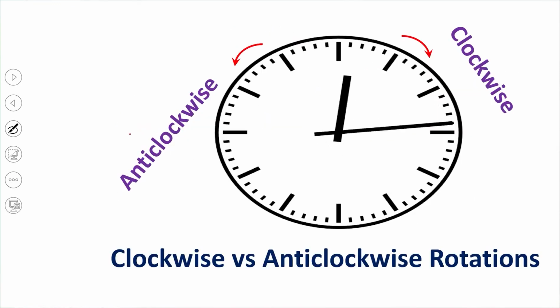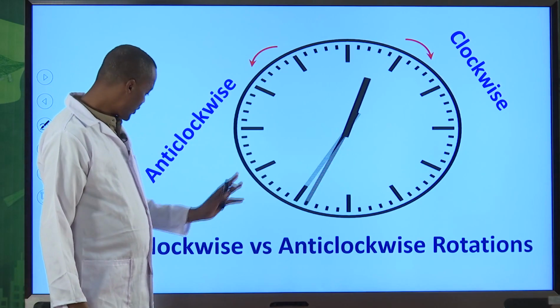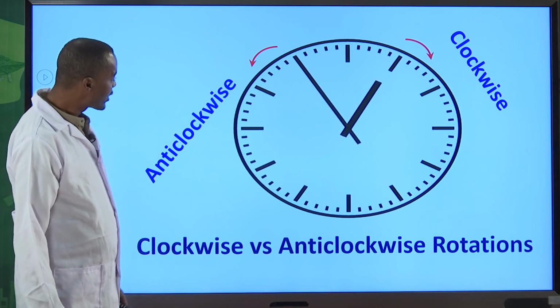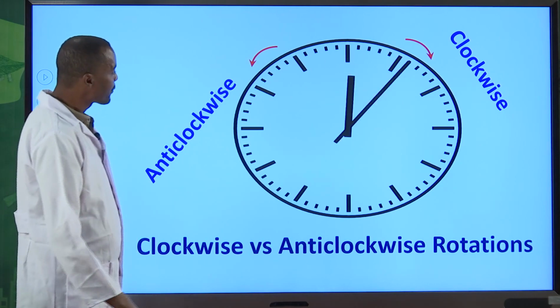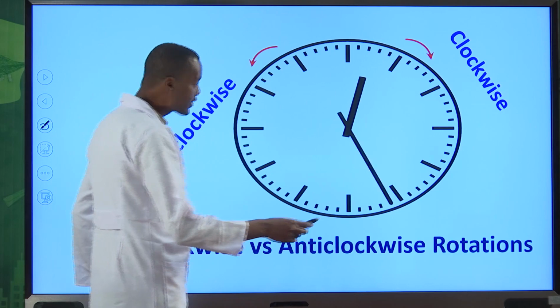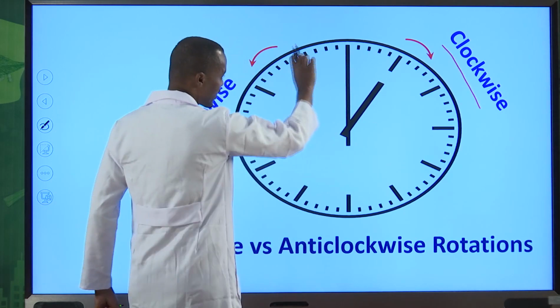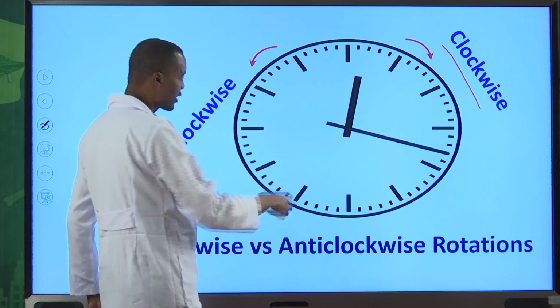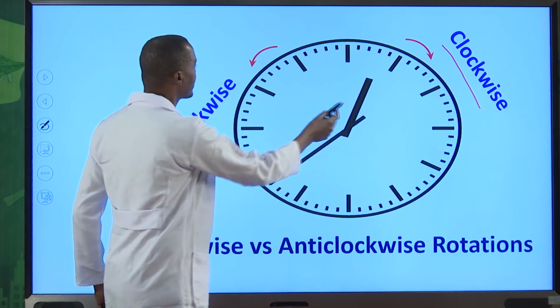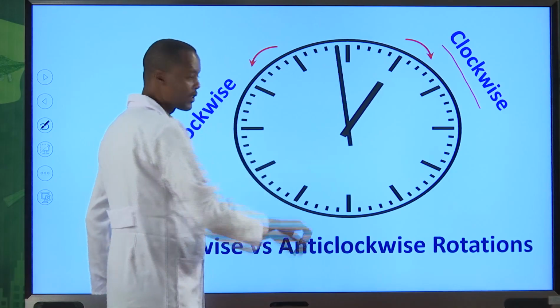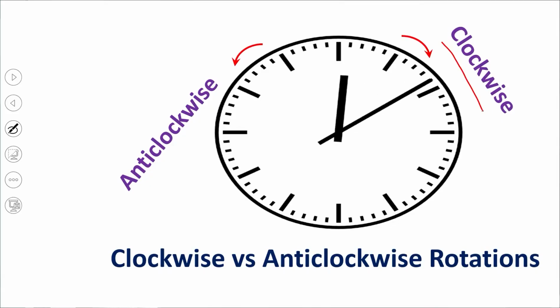And here is the simulation of how clockwise and anti-clockwise rotations happen. Clockwise rotation is in the sense of the way wristwatches rotate, and an anti-clockwise rotation is in the opposite direction of the way clocks rotate.